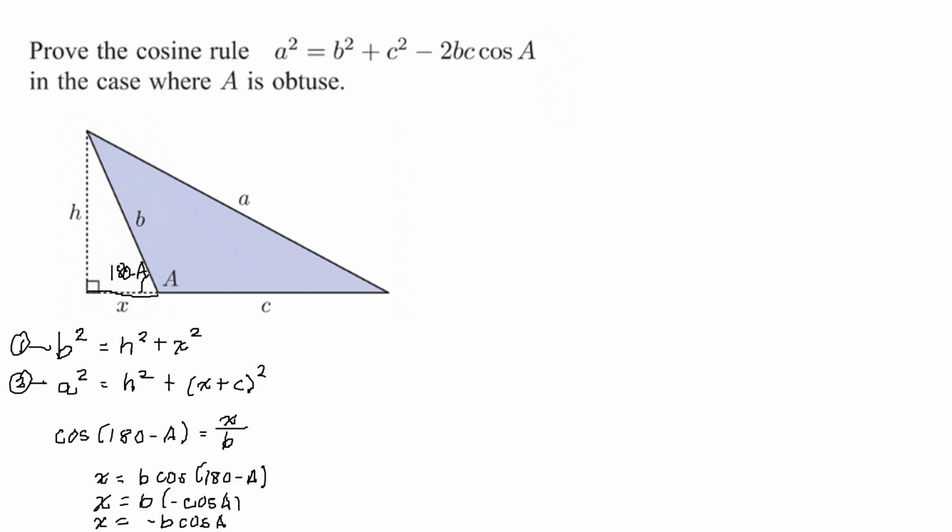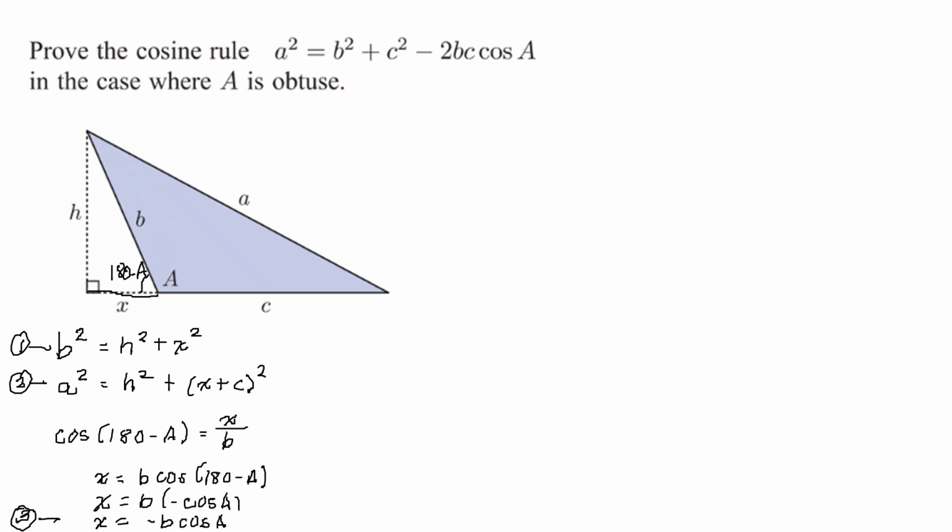So let's put them all together now. We have three equations. I'll just number them for ease of reference. Now, I want to use equation number 2 because it's closest to what we are trying to prove, the cosine rule. So let's go back to equation number 2, and I will expand x plus c squared.